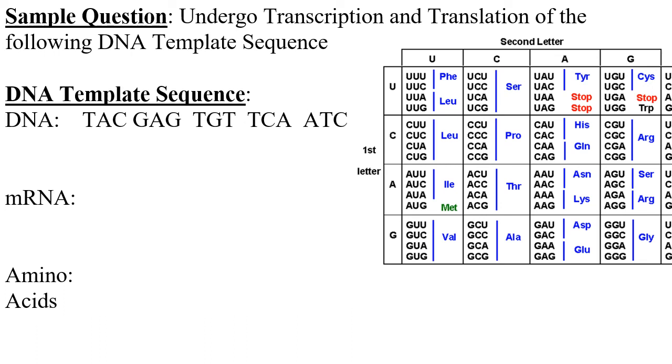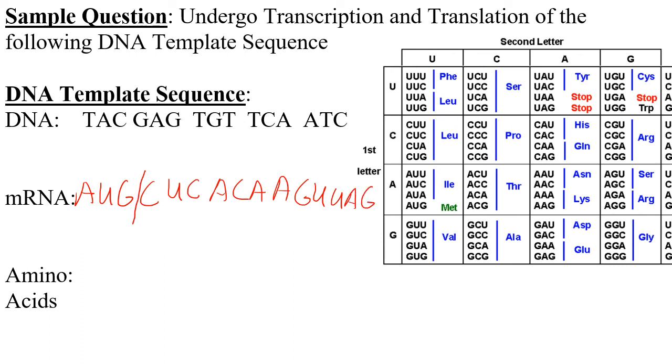Let's try transcription. T would bond with A, with U, C with G, G with C, A with U, G with C, T with A, G with C, T with A, T with A, C with G, A with U, A with U, T with A, and C with G. And let's break these up into the mRNA codons.